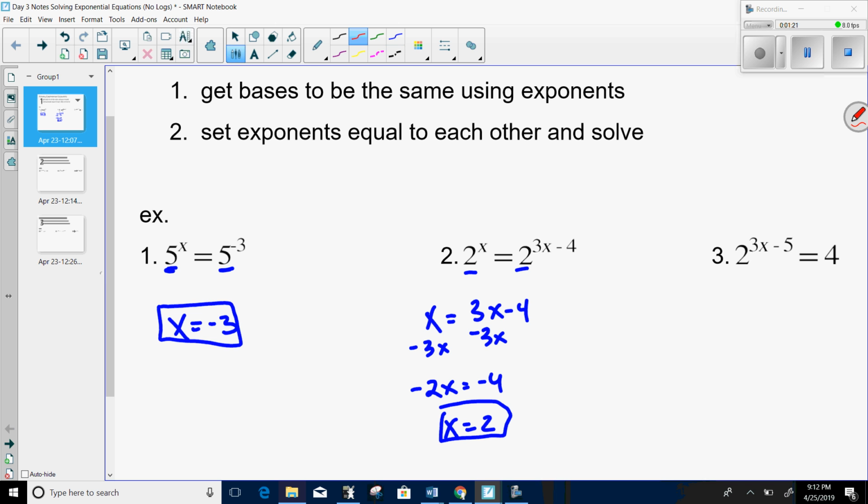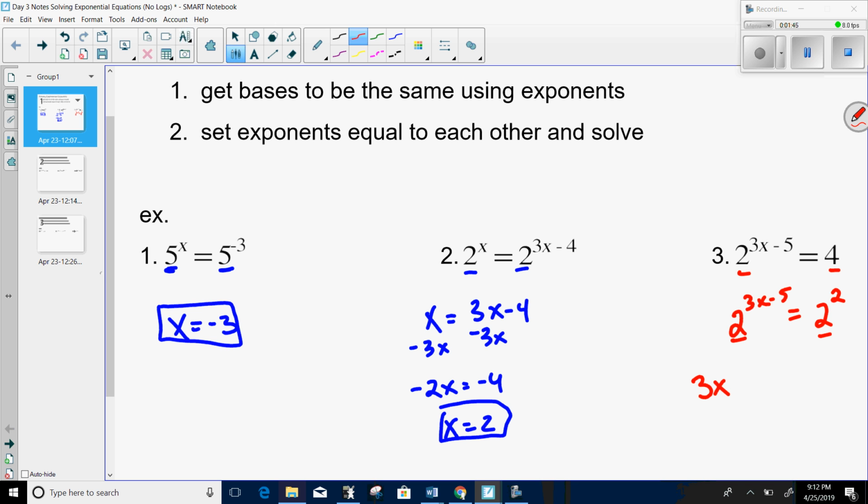Okay? This one's a little different because notice we don't have bases that are the same. I have a base of 2 and a base of 4. So what I have to do is manipulate this so that my bases are the same. I can't do anything with 2, but I can rewrite 4 using 2 squared. So I have 2 squared, and then I leave this as 2 raised to the 3x minus 5. Notice my bases are the exact same now.